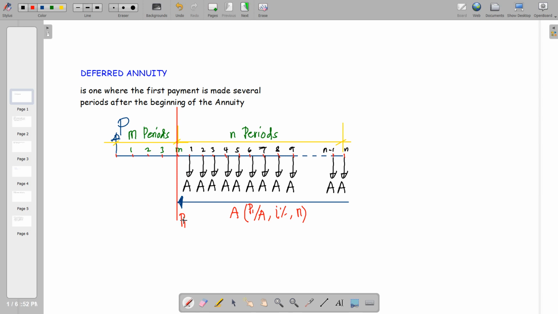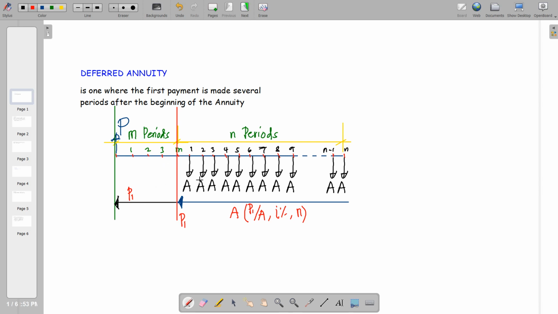And then further, P1 will be brought to the present so that it coincides with our present. Say we have this timeline and this arrow. So what we do is bring P1 up to P by multiplying P1 by a notation involving compound interest.